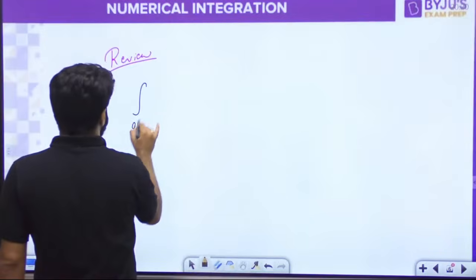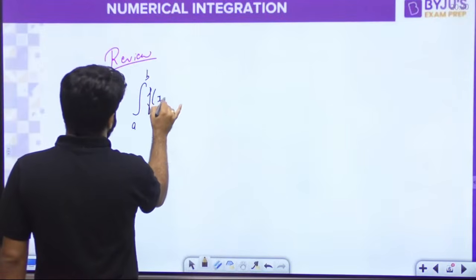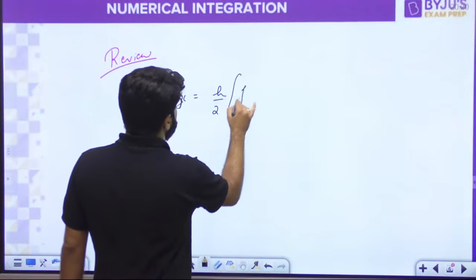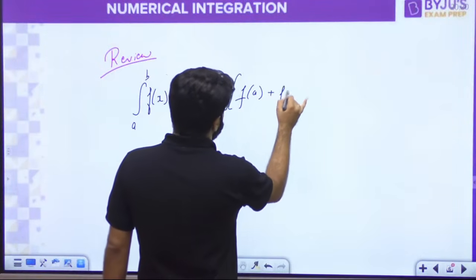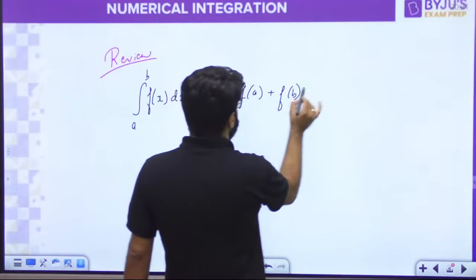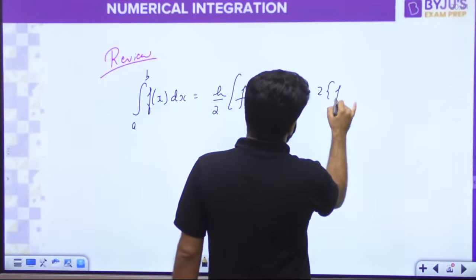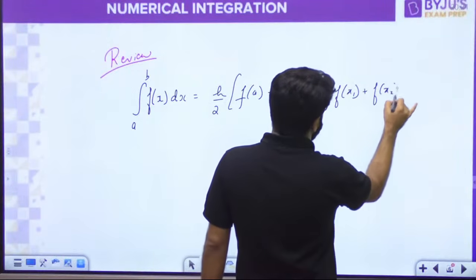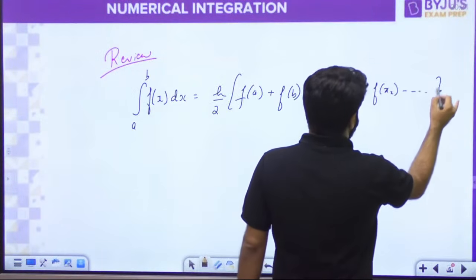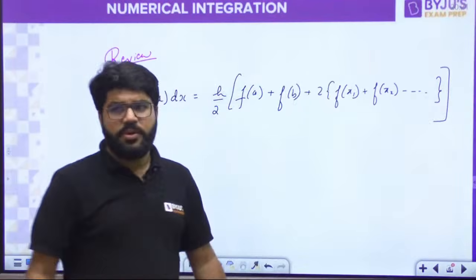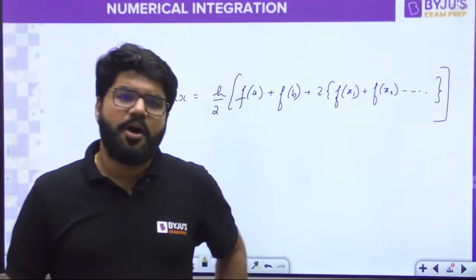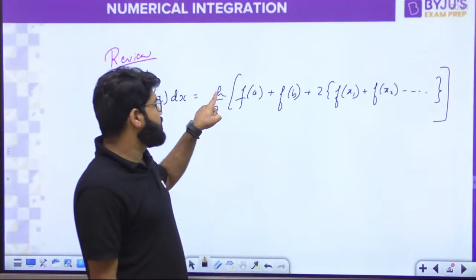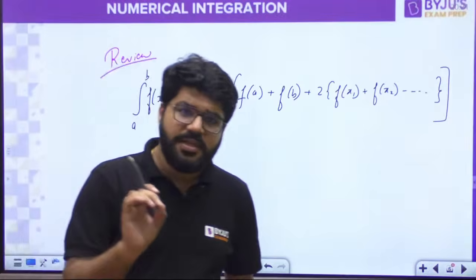Integration from a to b of f(x) dx by the trapezoidal rule is given by h by 2 times [f(a) plus f(b)], that is the summation of end points, plus twice all the intermediate points, f(x1) plus f(x2) and so on, all the intermediate points. So how many intermediate points? It depends on the number of intervals, and the number of intervals depends on the step size. h is known as the step size.